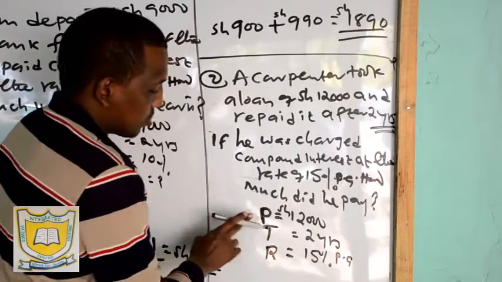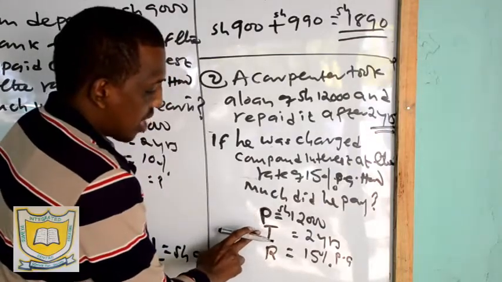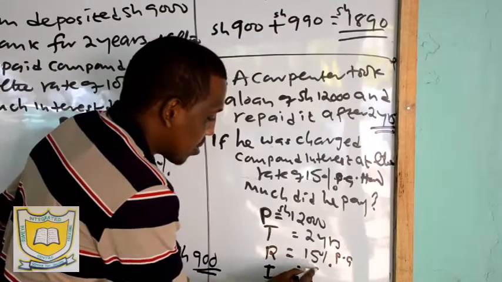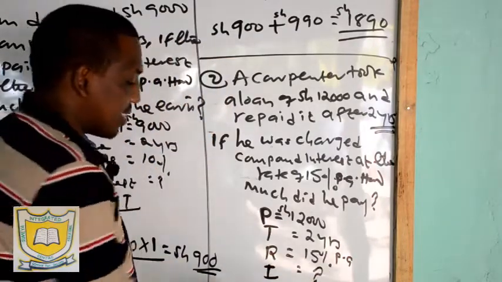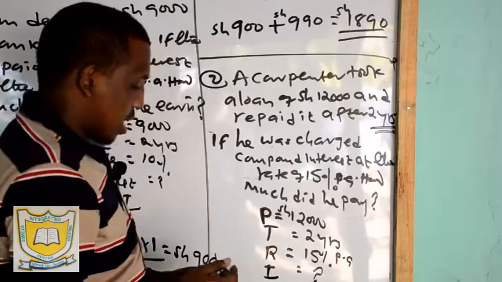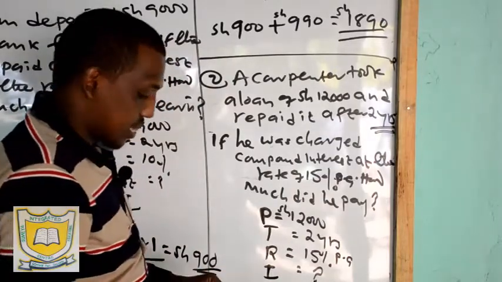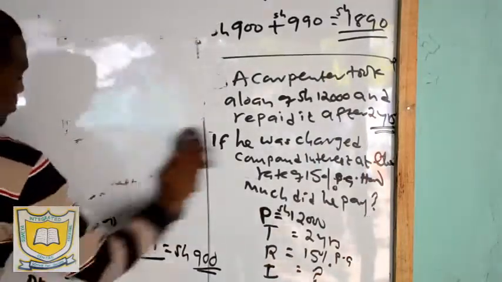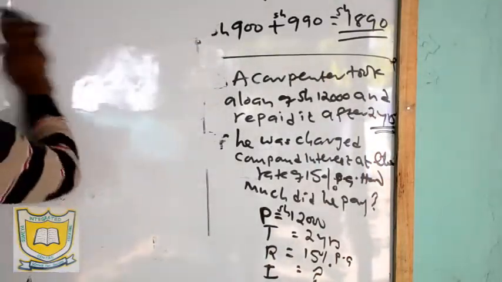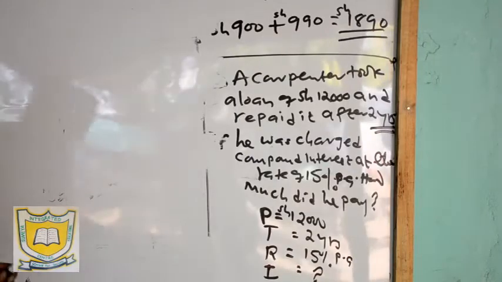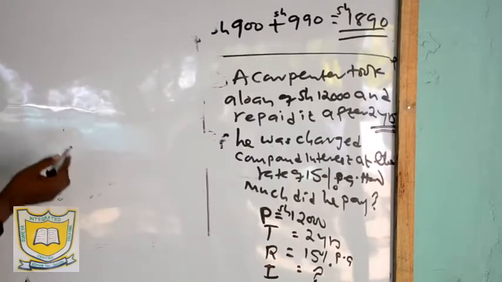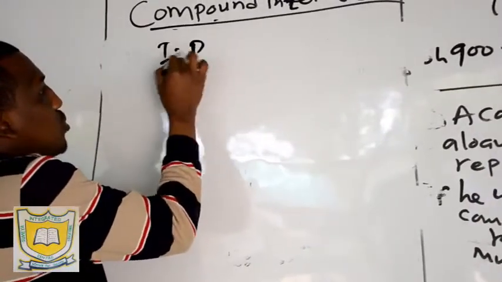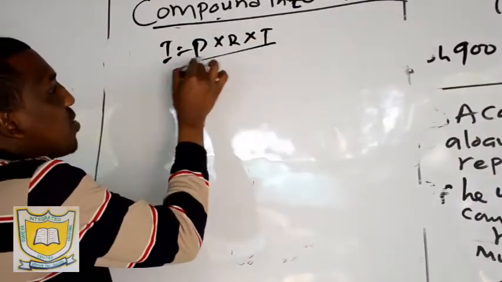So what we are lacking: we have principal, we have time, we have rate, we are lacking interest. We must get the interest now. Interest is principal times rate times time, all over 100.